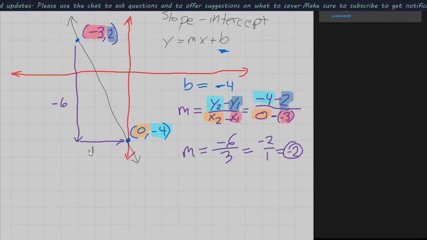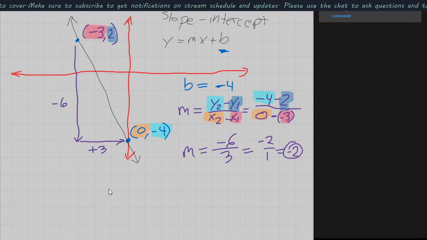So over positive 3 because we're moving to the right. So we got the exact same thing. Now if you had wanted to go the other way, then they would have been the additive inverse you would have had if you went from right to left. You'd have a positive 6 going up and a negative 3 going to the left. You'd still get the same answer as well.